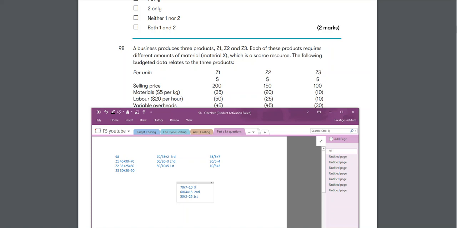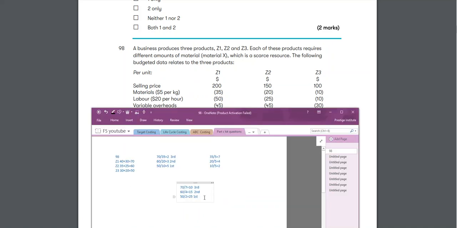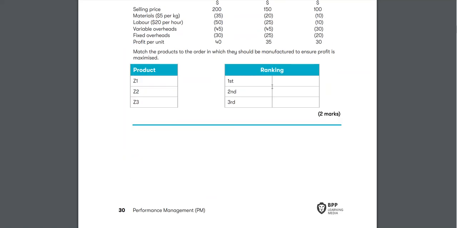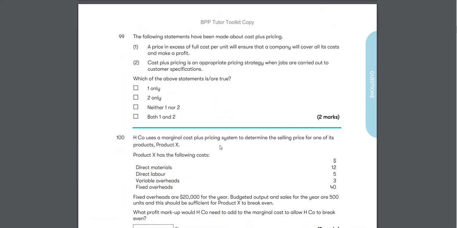But if I was answering a multiple choice question, I wouldn't bother finding per kg. I could directly divide it by the cost, because the higher the cost, the higher would be the usage. So the ranking would be first Z3, second Z2, and third Z1, because it gives us the highest contribution per limiting factor. Okay, the following statements have been made about cost plus pricing.